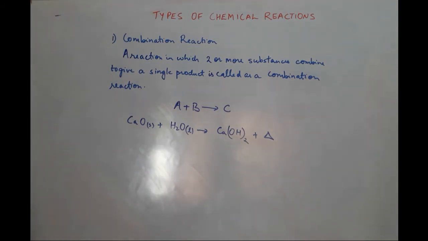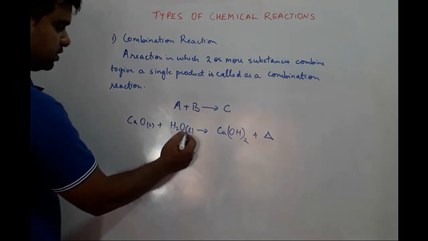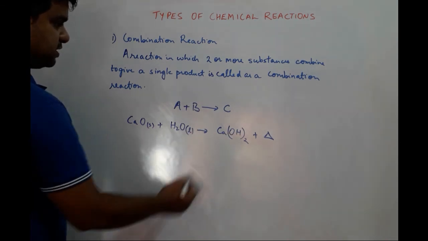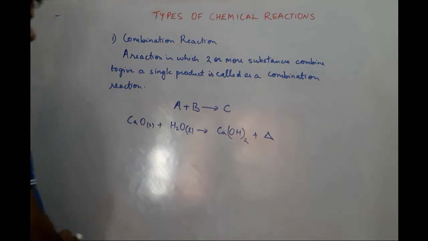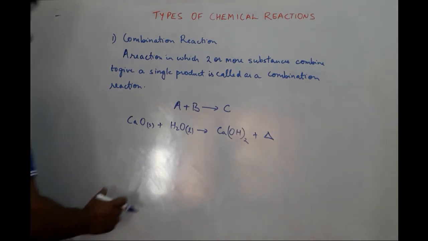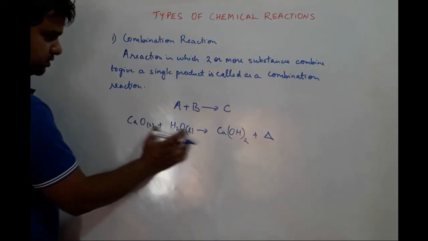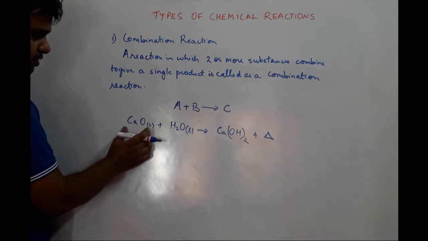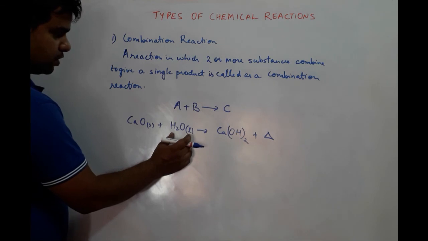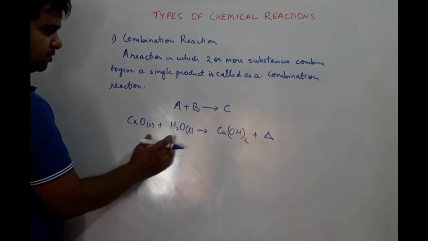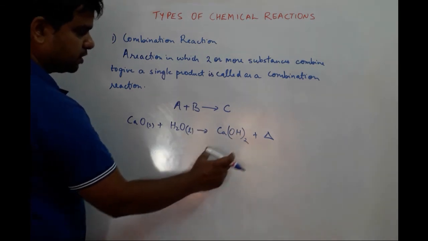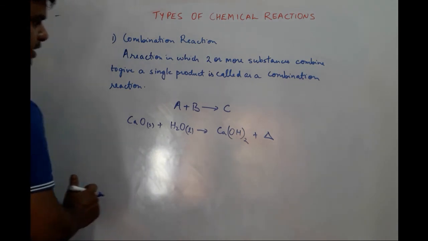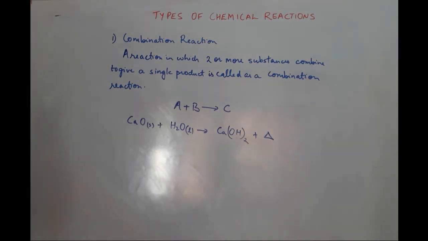So when calcium oxide, which is also known as quicklime, reacts with water, it gives us calcium hydroxide with the release of heat. But the important part is two reactants. In this case it is two compounds. Calcium oxide is a compound, and water is also a compound. These two compounds react to give us one product, and that is calcium hydroxide. So this is an example of a combination reaction.